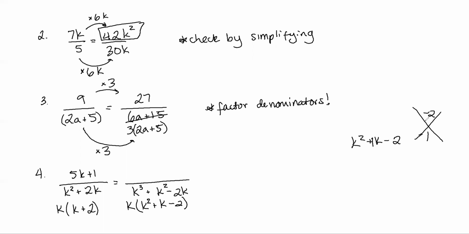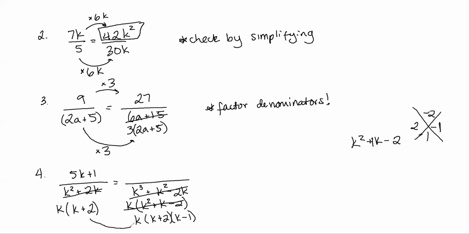The only things that multiply to 2 are 2 and 1. One of those has to be negative, and it has to be the 1. So we need a -1 and a +2. So now if I replace that trinomial with k plus 2 and k minus 1, and leave the k in the front, I'm going to cross these out so we don't get confused with those ones.